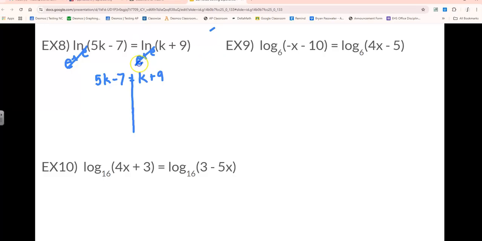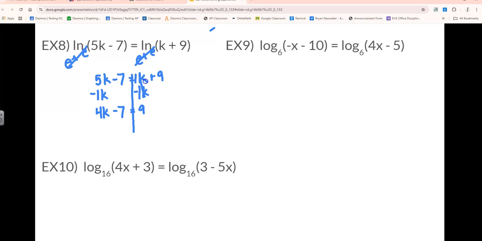So we got a 5k and a 1k. Let's get those together first. It makes your path forward a little more clear after that. So which one do you want to move, the 5k or the 1k that we've got right there? Okay, so we're going to subtract that 1k to move it over to the other side. So that's going to give us 4k minus 7 equals 9.